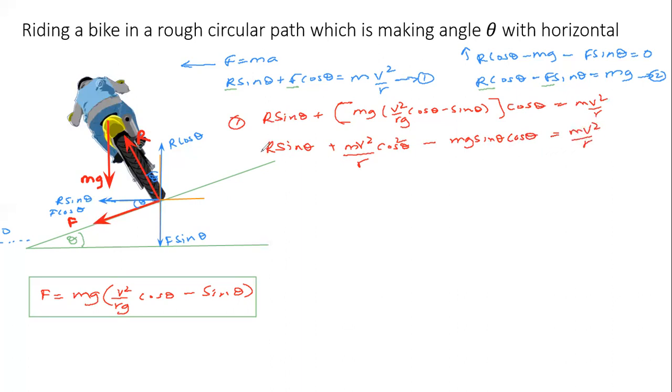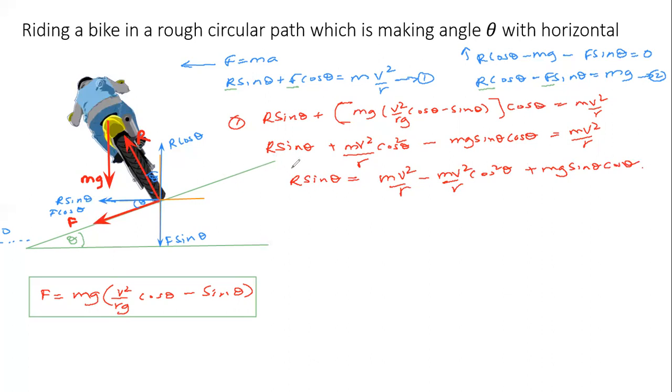Keeping r this side, I'm going to take all the other terms to the other side. So r sin theta equals mv squared over r minus mv squared over r cos squared theta plus mg sin theta cos theta.